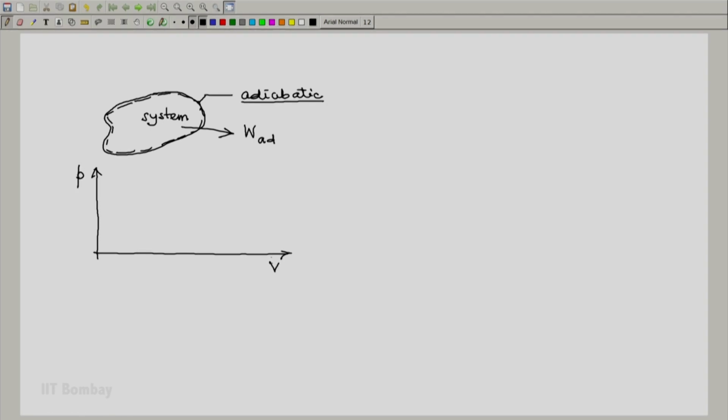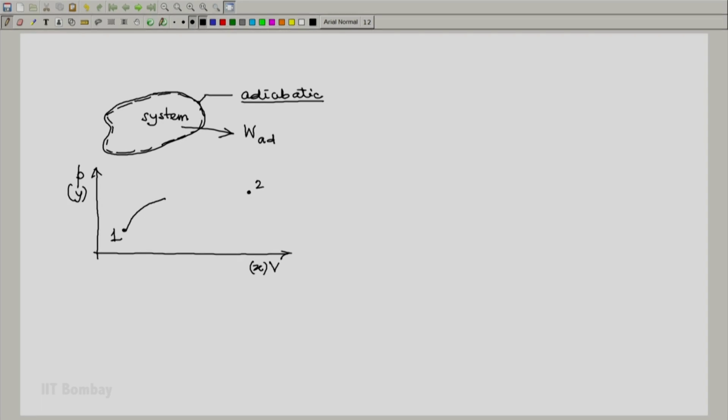Then we consider various processes of this system. You may write P-V, or you may write some thermodynamic variable y there, and some thermodynamic variable x here. Let us consider an initial state 1 and a final state 2, and a few different processes executed by this system.